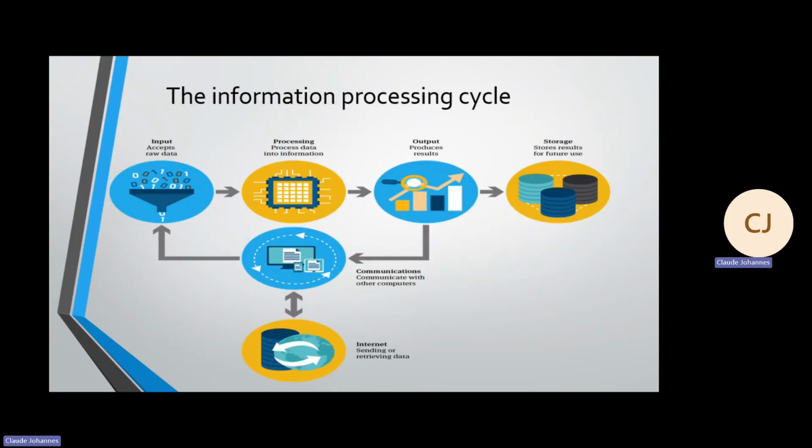Okay. So this is basically a better illustration regarding the information processing cycle, where you input your raw data, it's processed into information, and then it has an output or results which communicates to other computers or the recipient, and that needs internet connectivity for it to be retrieved or sent.